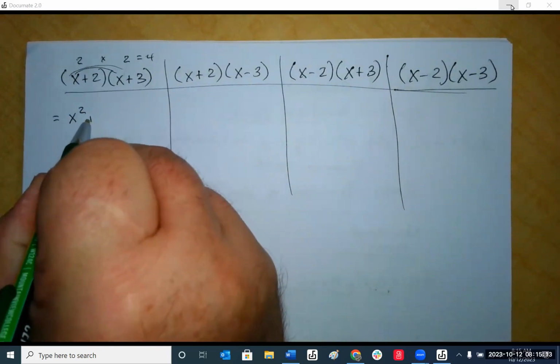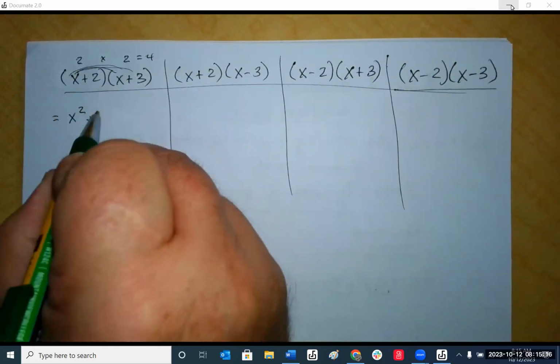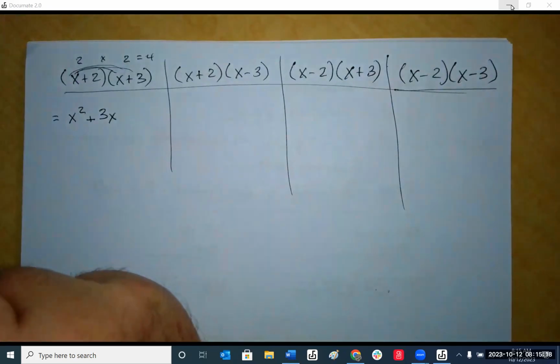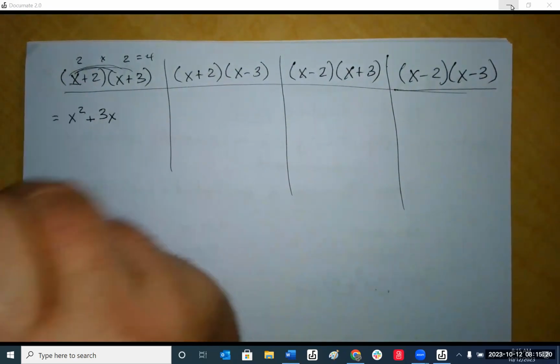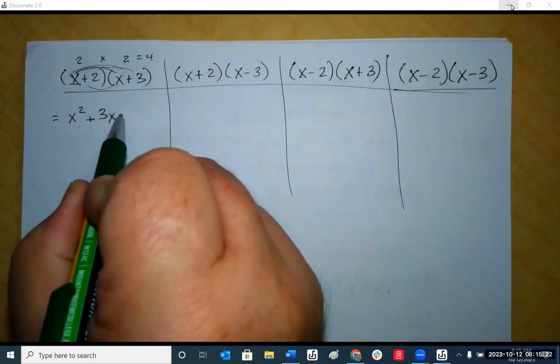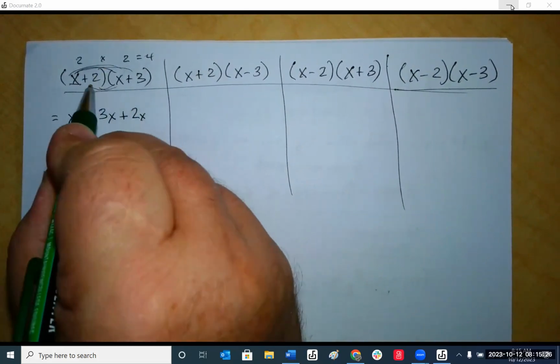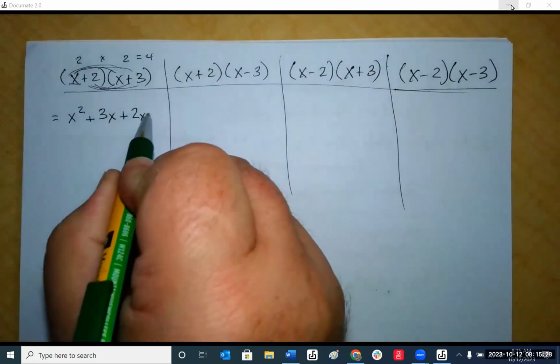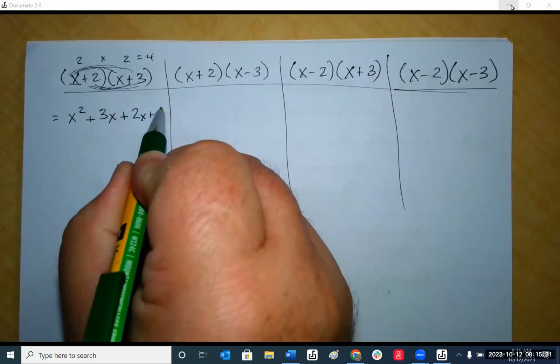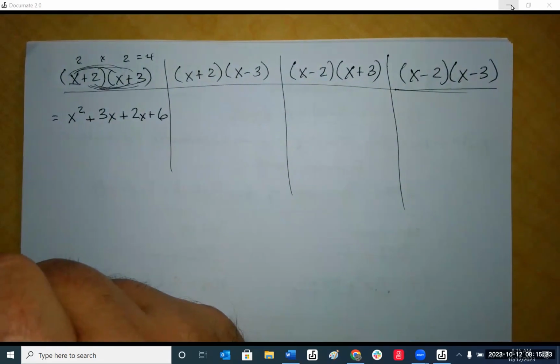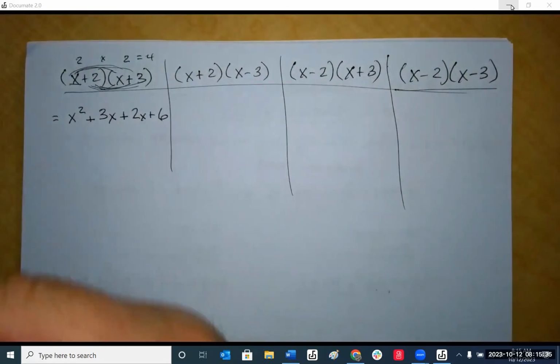Positive times positive. X times 3 is 3x. So that finishes this one. Positive times positive is positive. 2 times x. Positive, positive is positive. And 2 times 3 is 6. There are our 4 terms. If you don't have 4 terms, you did something wrong.